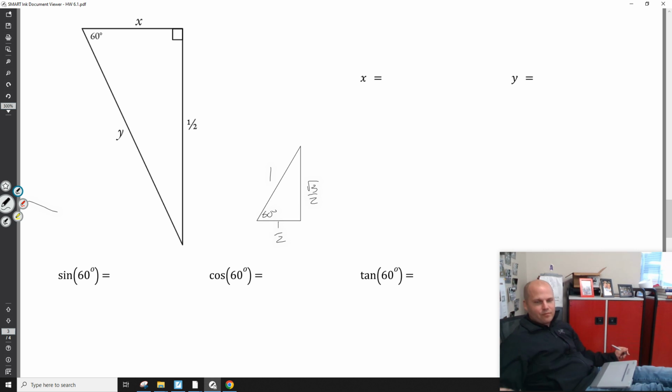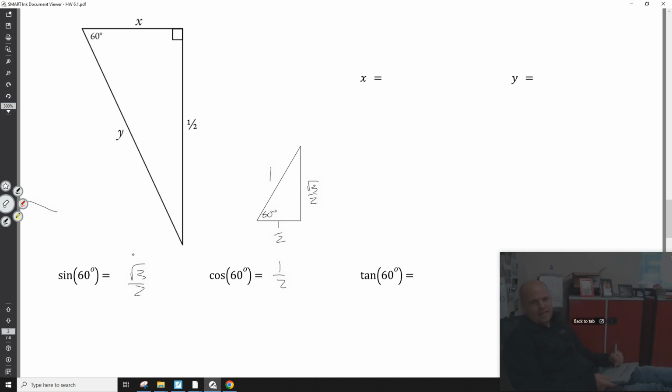The short is 1/2. The sine of 60 degrees is root 3 over 2. Has to be, no matter how large your triangle is. The ratios have to be consistent. Thank you, Greeks. The cosine of 60 degrees has to be 1/2.